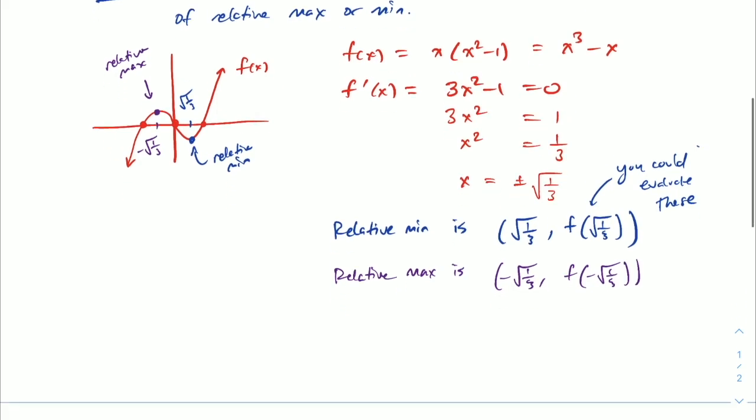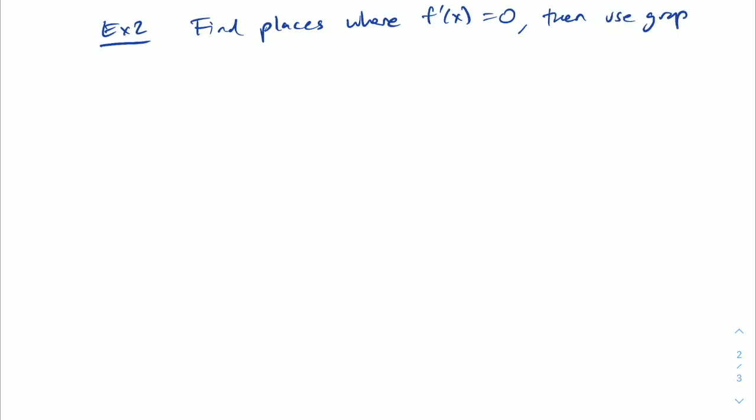All right, let's do another example. Call this example 2. In this example, I want to find the places where the function has a derivative of 0, and then I'm going to use the graph to identify the relative extrema. Our function is x to the 4th minus 4x cubed plus 1.